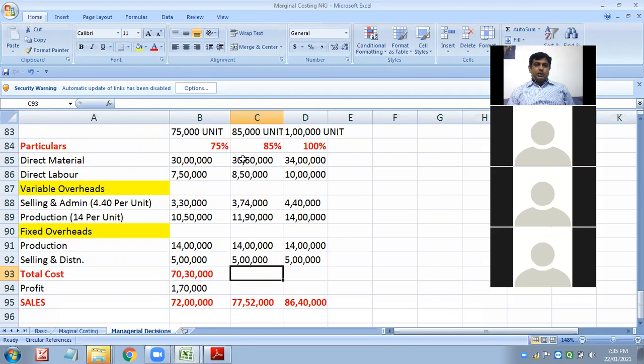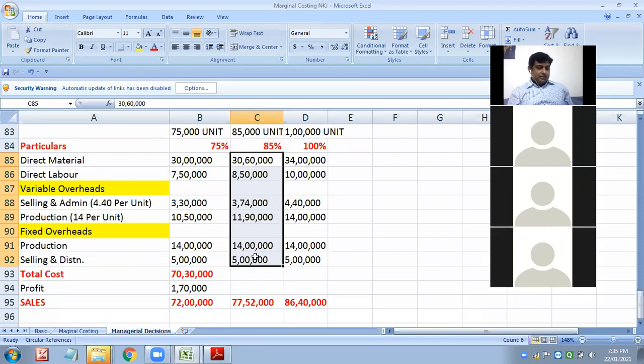Get me the answer, please. Add all this. 7 lakh 37,400.